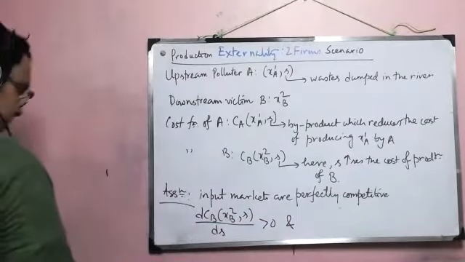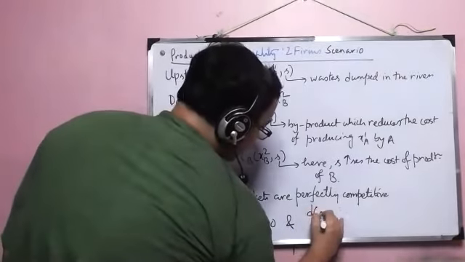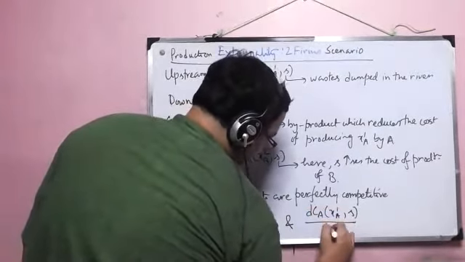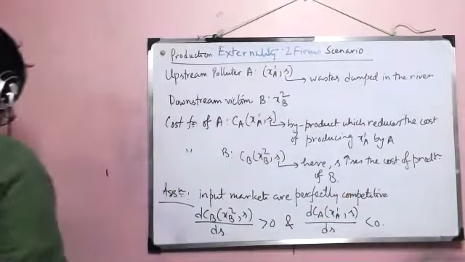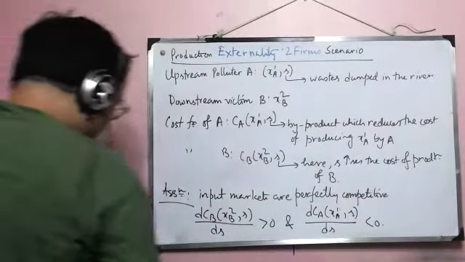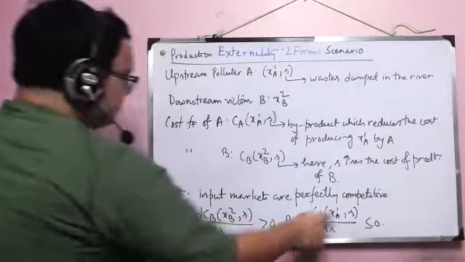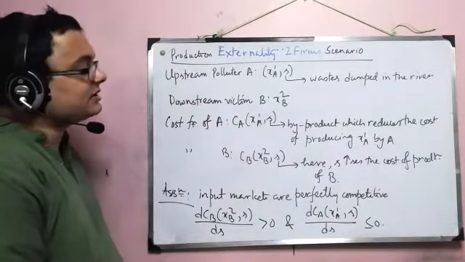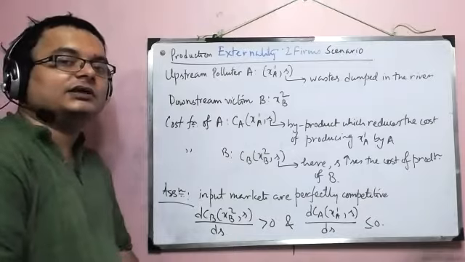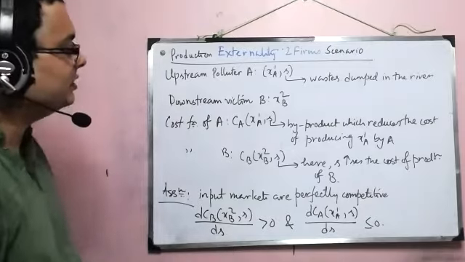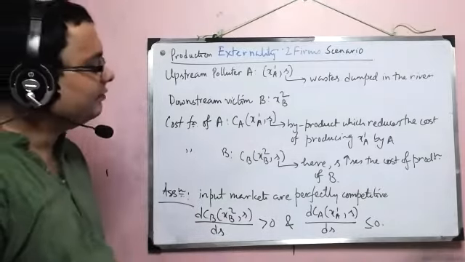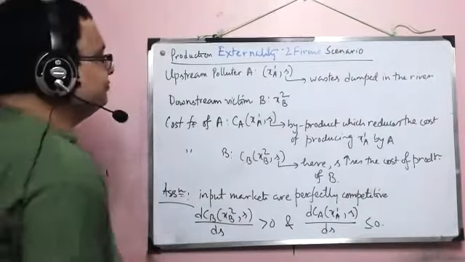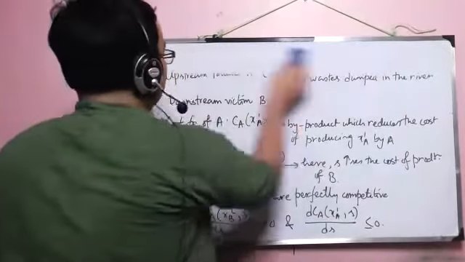The other one, dCA of XA1 and S over dS, will be negative, or at least less than or equal to zero, so we'll keep that open. This is our setup. Now we are going to look at the optimization, or profit maximization, problem of A and B and see how this creates a problem.